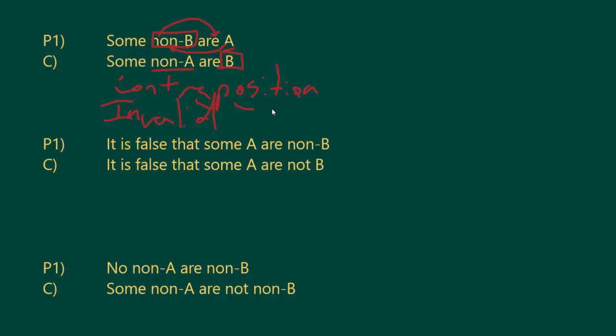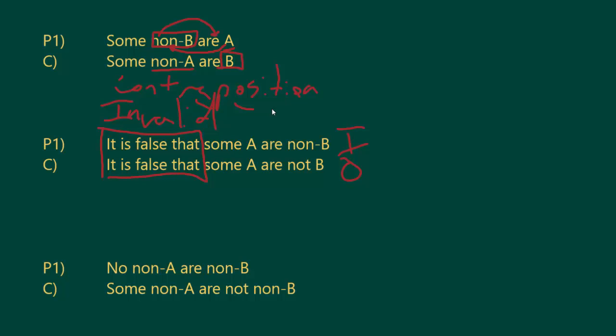Now we look at premise 1 and the conclusion of the next argument. It says it is false that some A are non-B, and it is false that some A are not B. We'll bracket this off for the moment. Notice that we have an I proposition up here and an O proposition here, so long as we're bracketing off "it is false that."